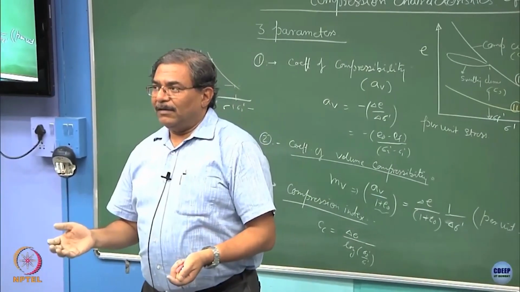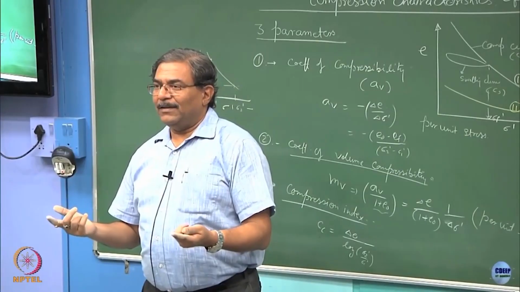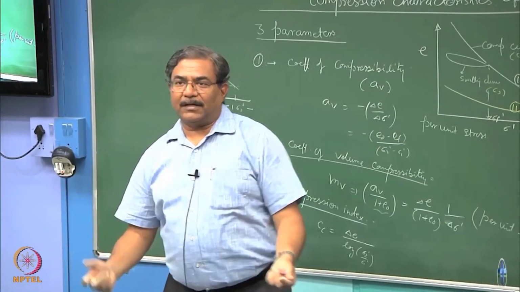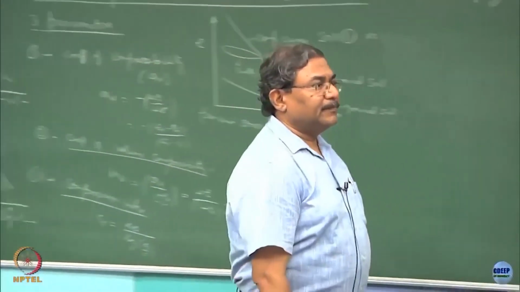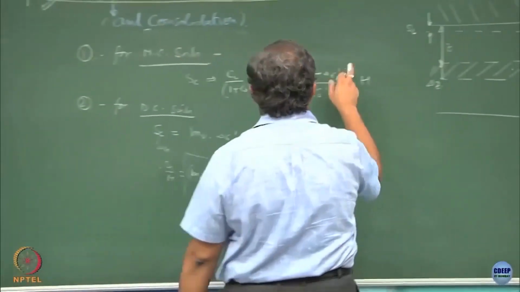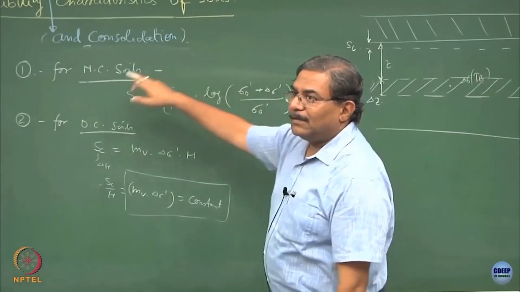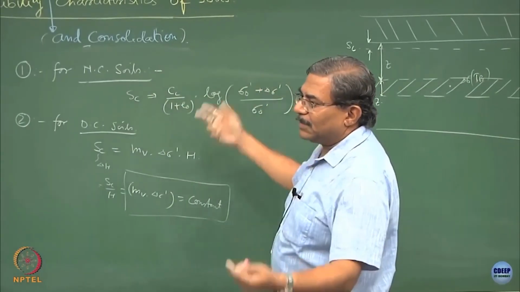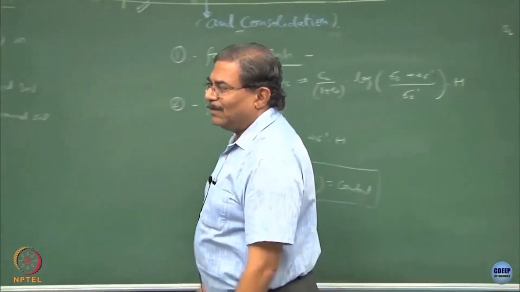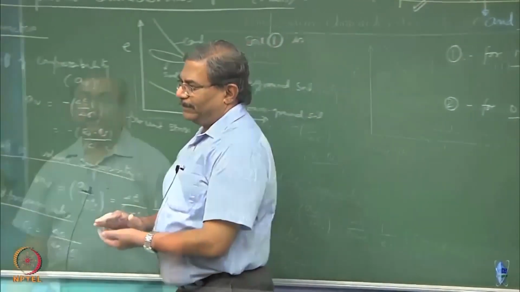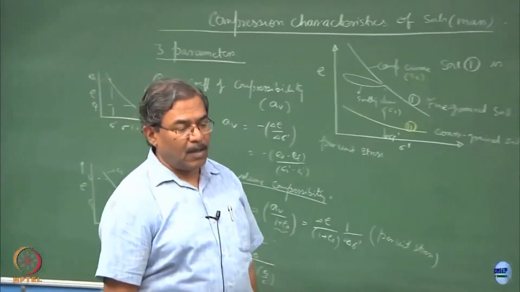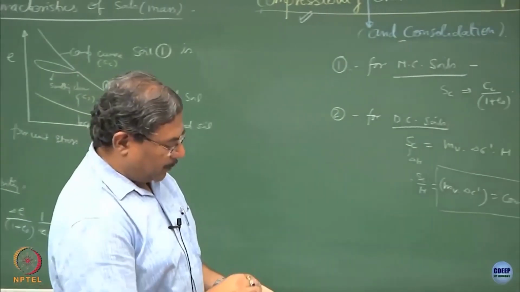On their own, if delta sigma is not applied, consolidation settlement will not occur. So, if delta sigma is 0, what is going to happen? The consolidation settlement is insignificant.